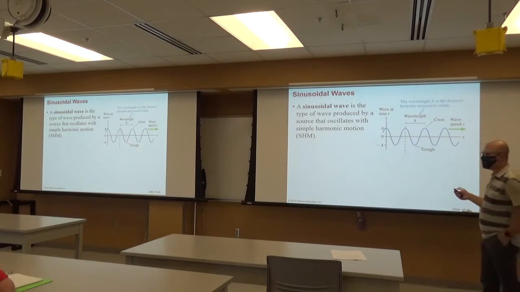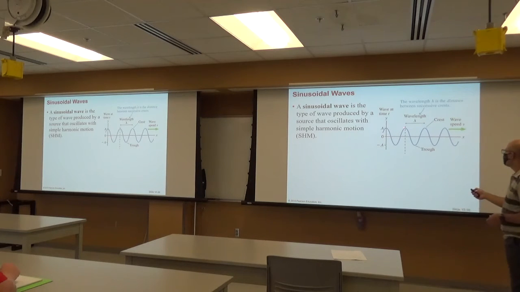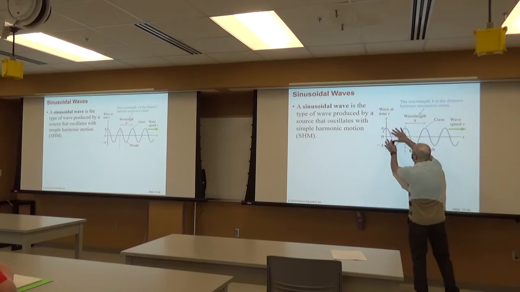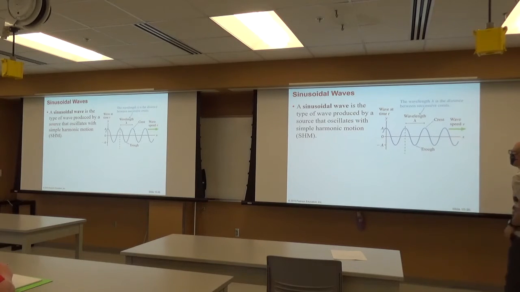Wavelength is the distance from one peak to another peak. And this wave is traveling at some speed, called the wave speed. This whole wave is moving to the right at some speed v.